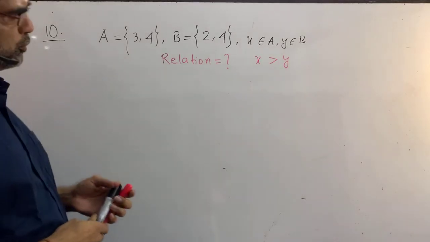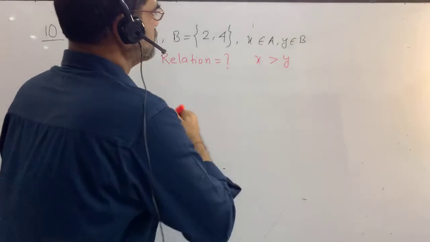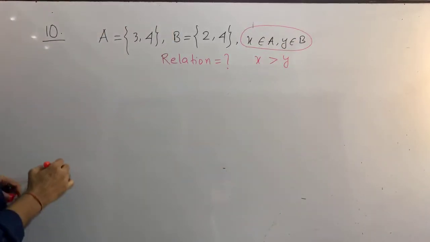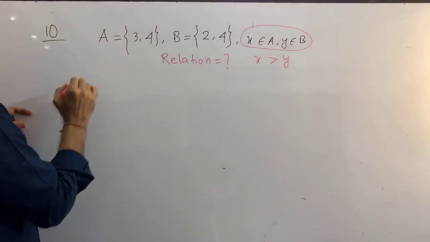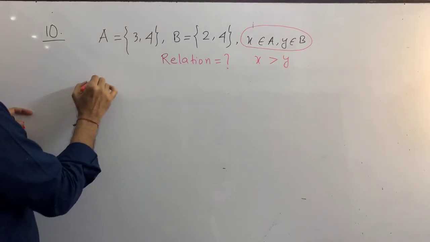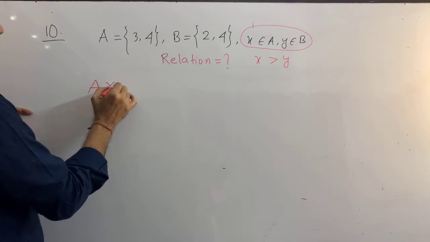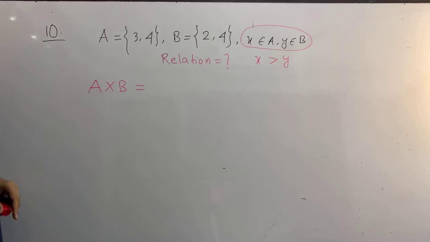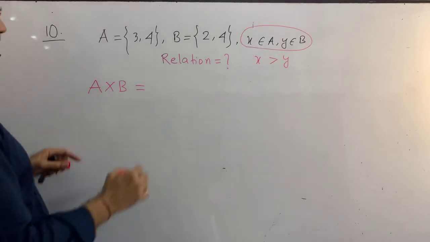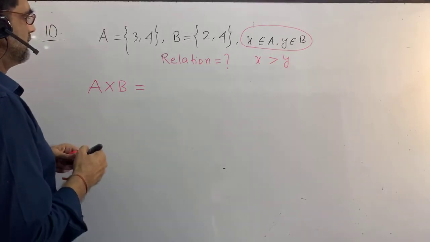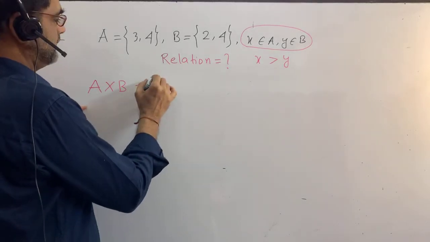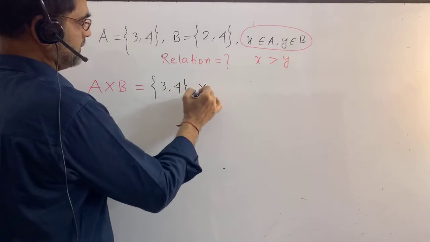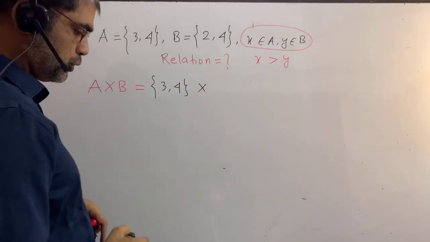If anywhere we see that x belongs to A and y belongs to B, we have to write the Cartesian product A product B is equal to what? We put the values. What are the elements of A? 3 comma 4 product 2 comma 4.